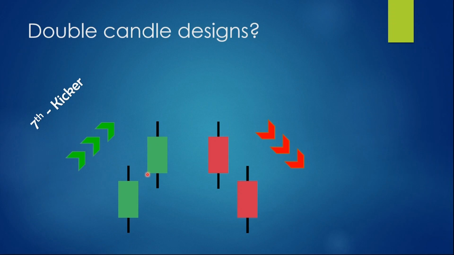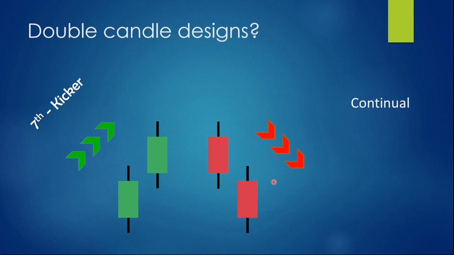It is called a bullish kicker, and here also the same. After a bearish candle there is a jump. It starts from here and closes here and there is a jump to here to start this candle. This is also a kicker candle and it's named bearish kicker.